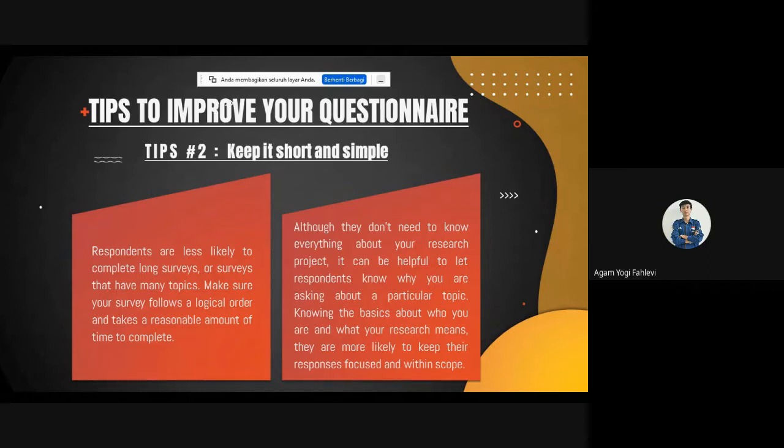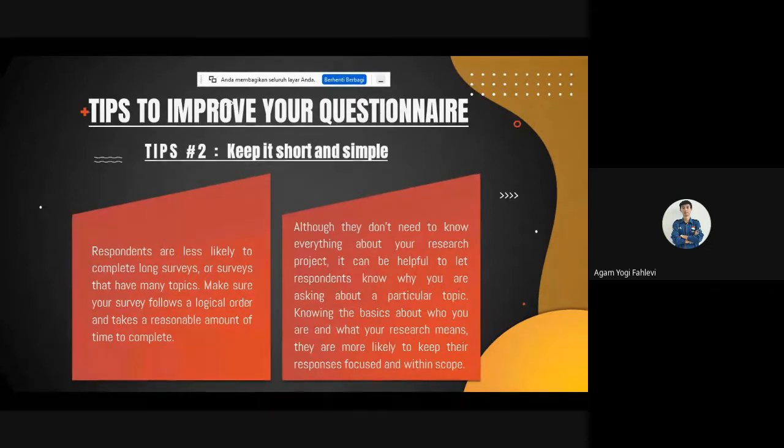Although they don't need to know everything about your research project, it can be helpful to let respondents know why you are asking about a particular topic. Knowing the basics about who you are and what your research means, they are more likely to keep their responses focused and within scope.